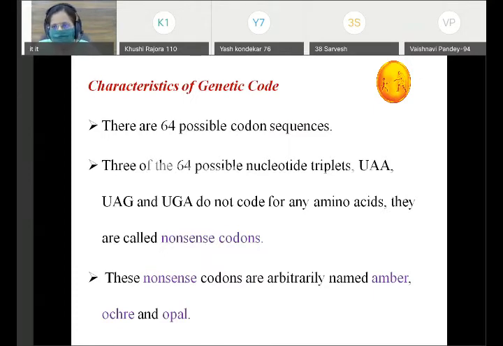They terminate the process of synthesis of protein. Okay. These nonsense codons are arbitrarily named as amber, ochre, and opal. Okay. This can be asked as an MCQ to you. So these are amber, ochre, and opal.